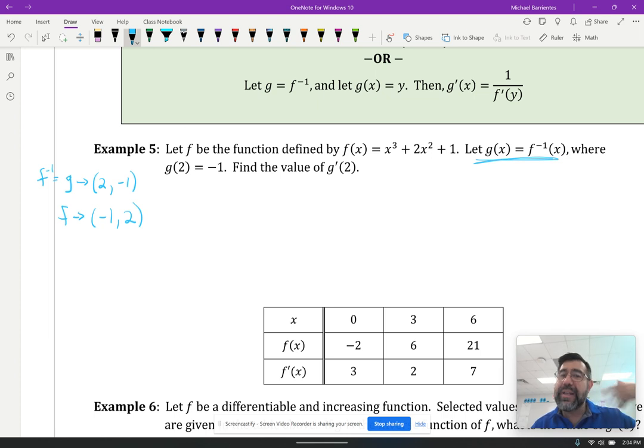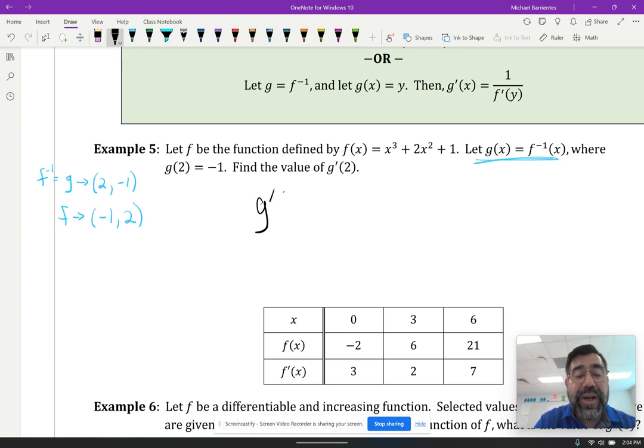And if you remember back in the first video, that's what I was trying to tell you: whenever I'm dealing with a function and its inverse, the x and the y coordinates change, right? The domain of the original function is not the same as the domain of the inverse function. As a matter of fact, it's the range of the original function.